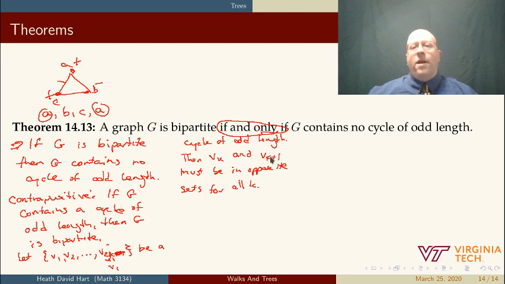So V1 and V2 are in opposite sets, V2 and V3 are in opposite sets, V4 and V5 are in opposite sets, so on and so forth.